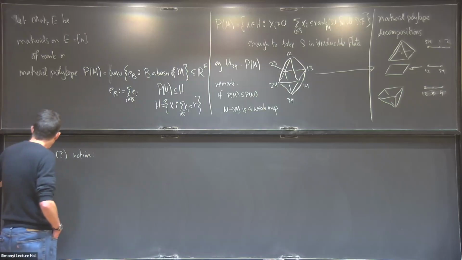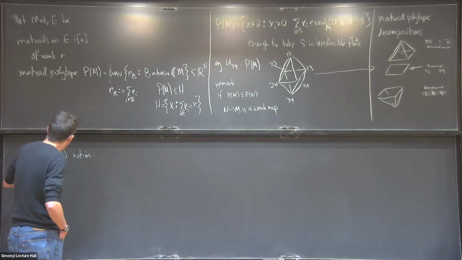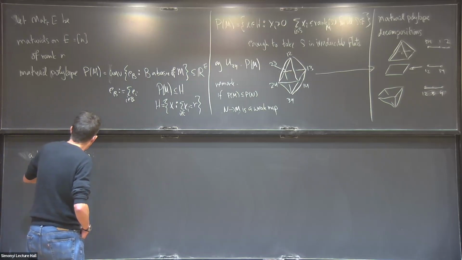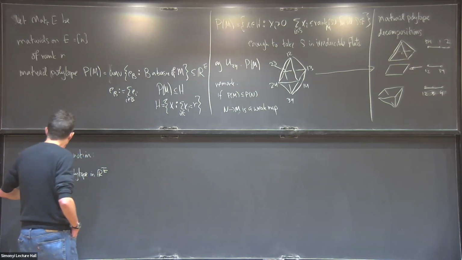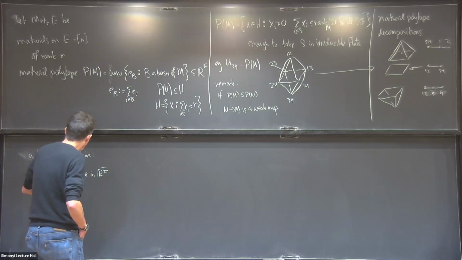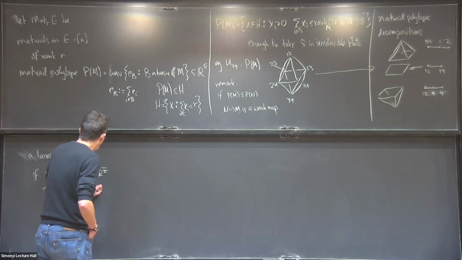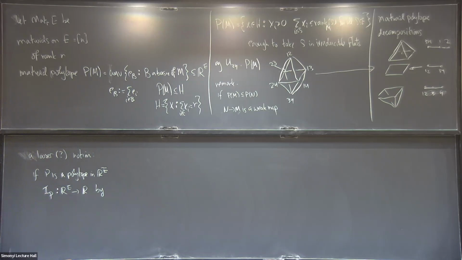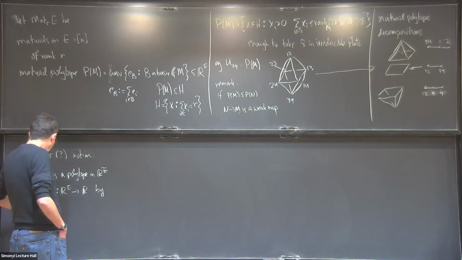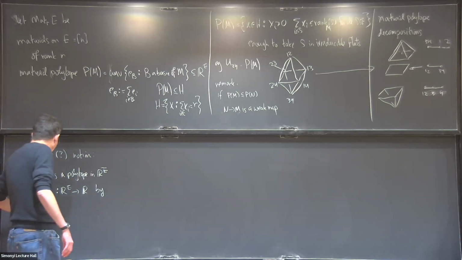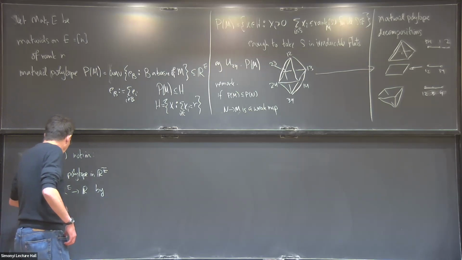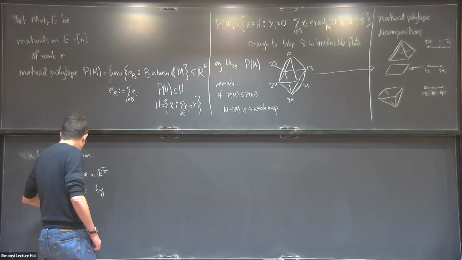So for that, let's take the indicator function for a polytope and denote it by this. Any convex set, or actually any set, has an indicator function, but I'll only be interested in convex polytopes.